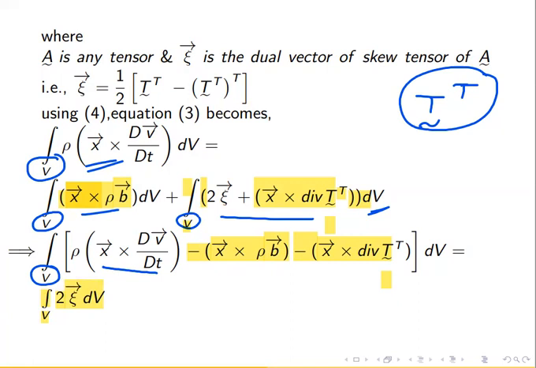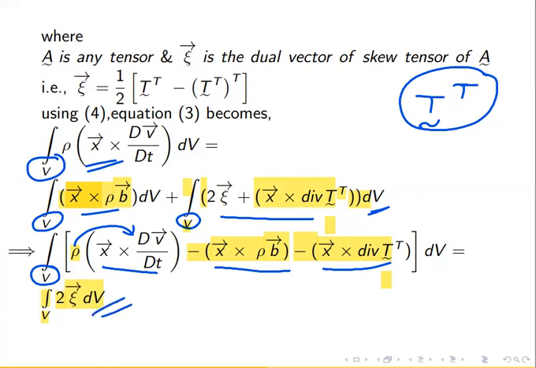Okay. Now in the next step, we have x cross everywhere, so we'll take x cross outside, and this rho can be taken here, right? So we have x cross rho dv by dt minus x cross rho b minus x cross divergence T transpose dv equal to the RHS.